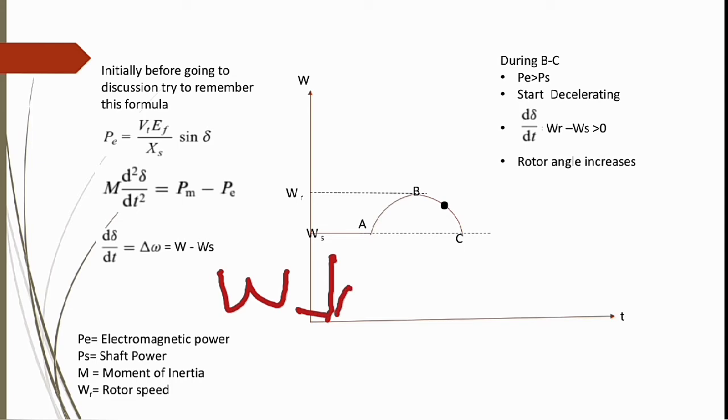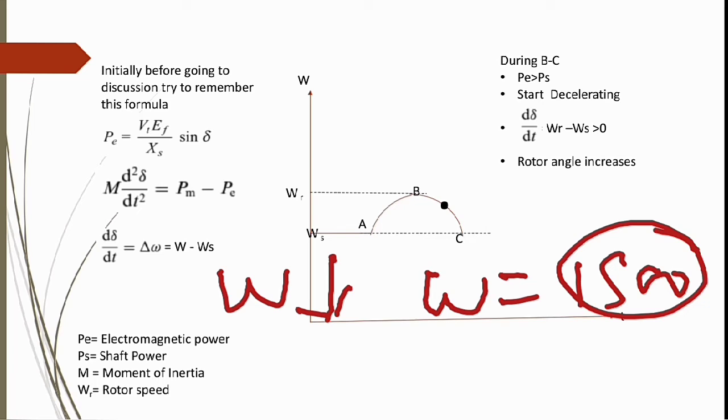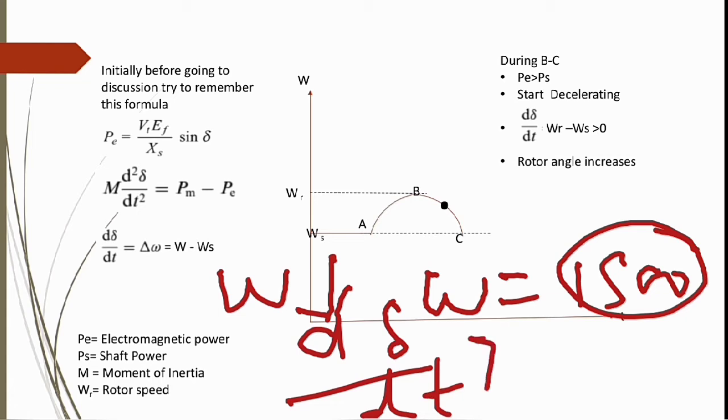but because omega equals 1500 rpm, in this case again we will get d del upon dt is positive.